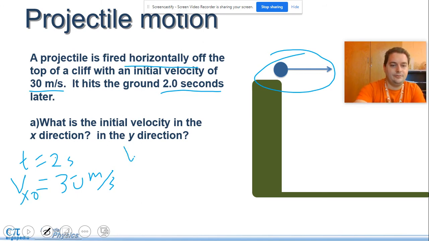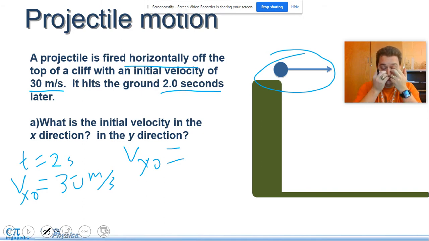Now, another question for you. Based on that, we know Vy0, the initial y velocity. So if you're pushing it this way, x-axis, think about it. Is there any initial y velocity? Please don't say negative 9.8. That's acceleration.